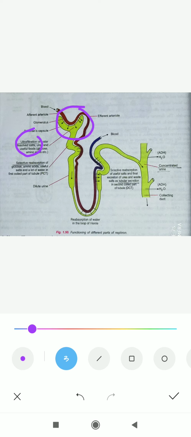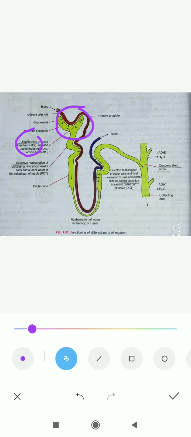You can see in the diagram the arrow is given. The arrow shows the transfer of substances from glomerulus to Bowman's capsule. As filtration of blood is done in the region of the glomerulus, the process is known as glomerular filtration.